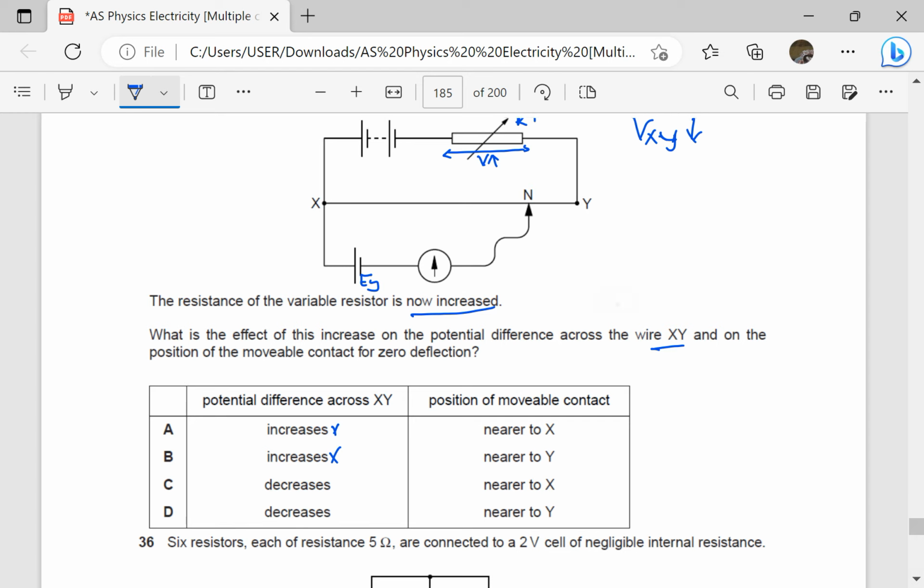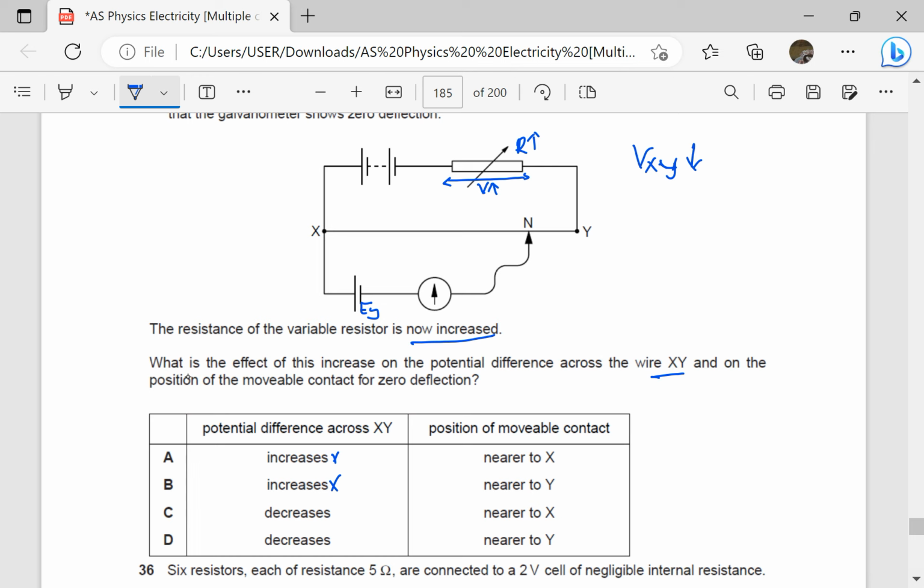But then, note that the EMF EY remains constant. And remember, we have seen that the PD across XY has decreased, which means the PD per centimeter is going to be smaller.